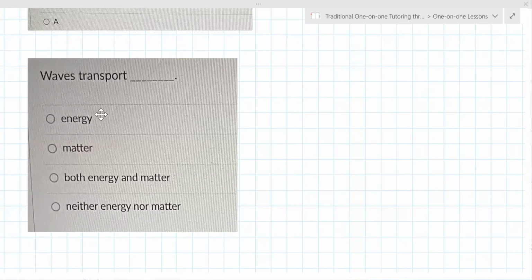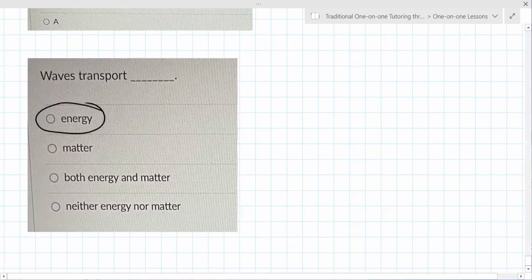No, just energy, just energy. So matter is something totally different. It's probably emphasized in a lecture, but all right.